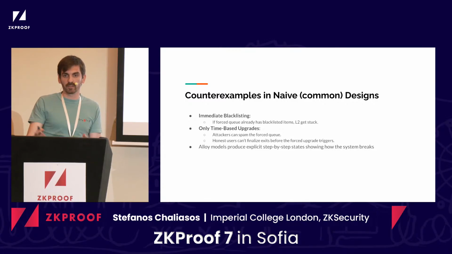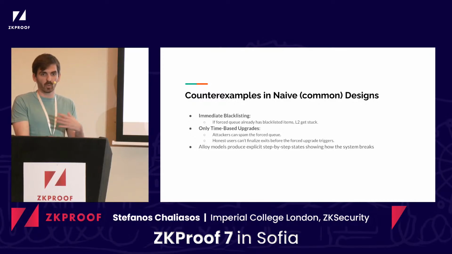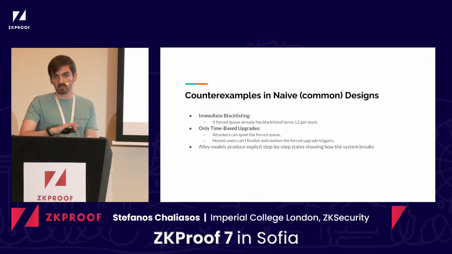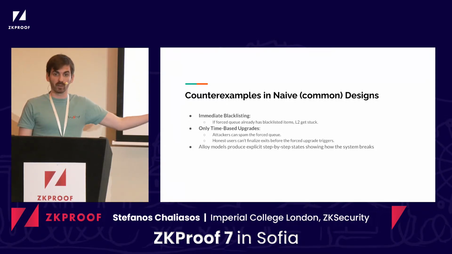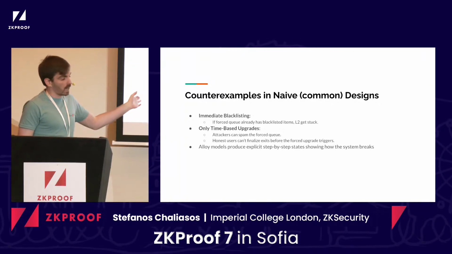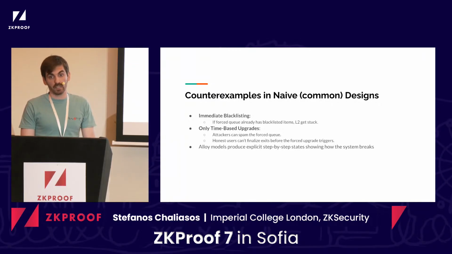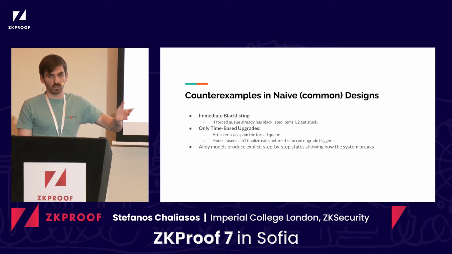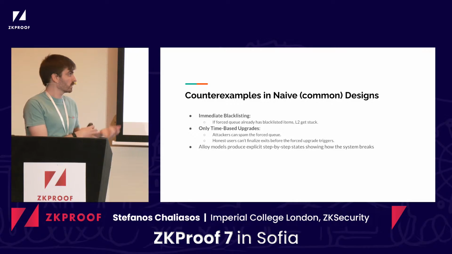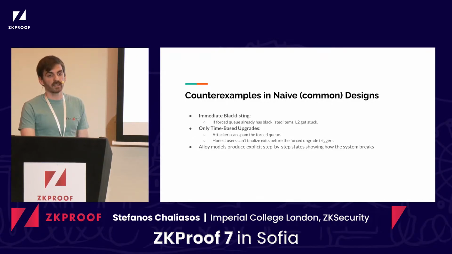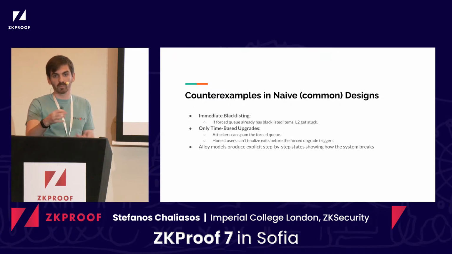For example, if a malicious entity wants to perform a malicious upgrade and stop accepting exiting transactions in the L2, then it can also DOS the first queue in the L1. And after the timeout happens, if we don't empty the first queue by processing all the transactions, then some users will be stuck in our rollup, and they will not manage to make it before the upgrade is performed.